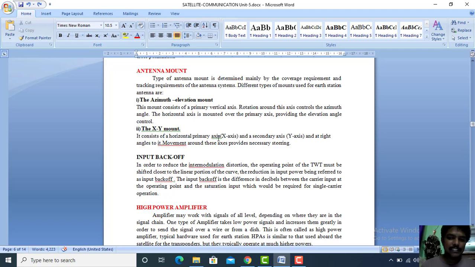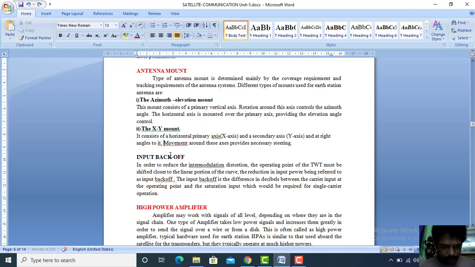The rotation of the vertical axis controls your azimuth angle, and the horizontal axis is mounted to look after your elevation angle.